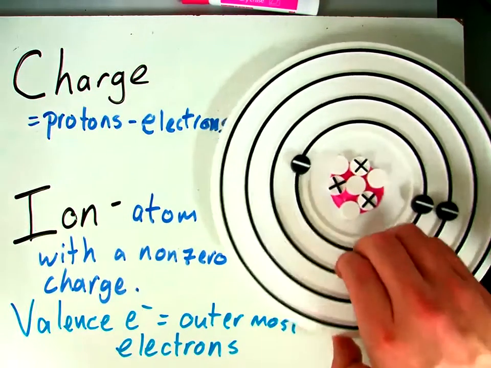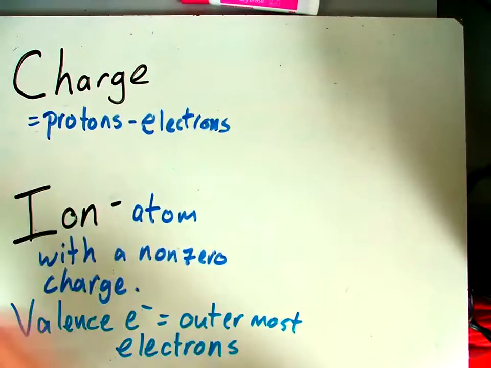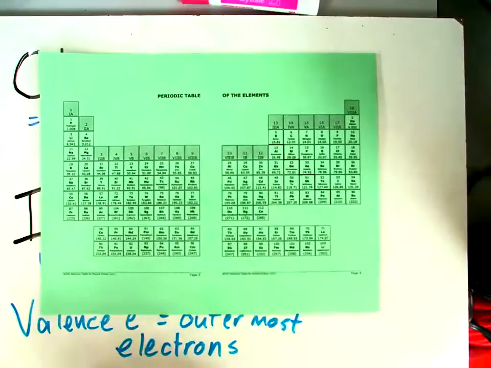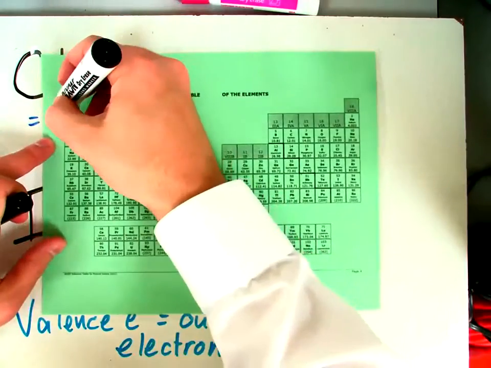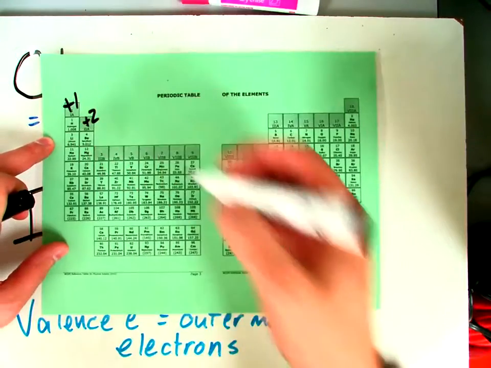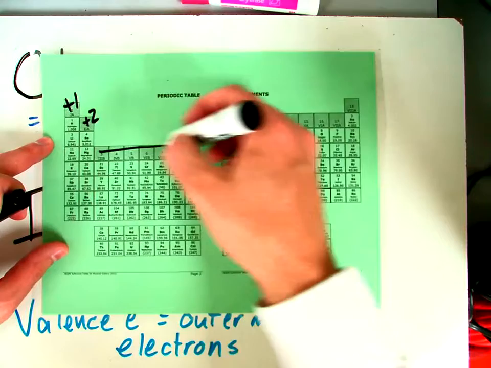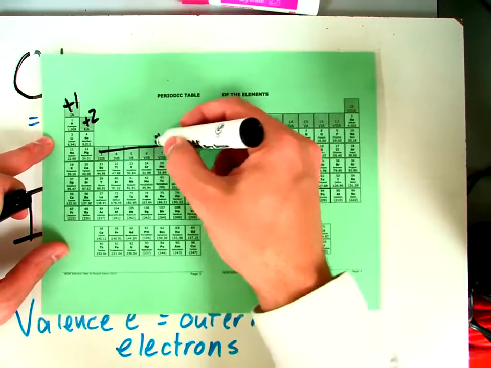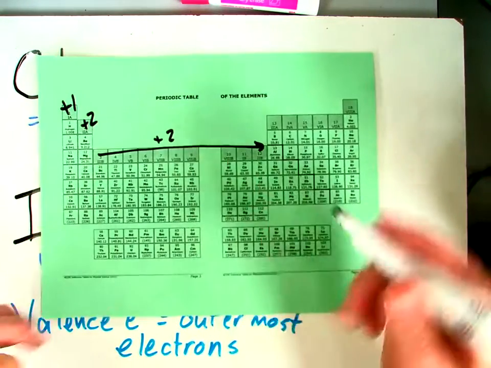Looking at the valence electrons on the periodic table, the way that it works is group 1 usually form +1. Group 2, +2. 3 through 12 also form +2.